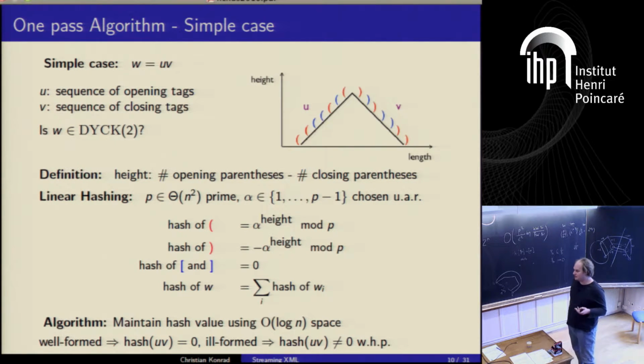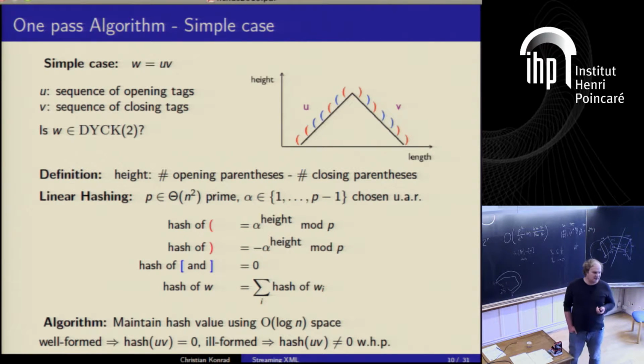So we have basically polynomials over this finite field. The hash of the closing parenthesis would be just the negative of what we have here. So whenever we see the two, they cancel each other out when we compute the hash of a whole word. The hash of the whole word would simply be the sum over the hash of each element.